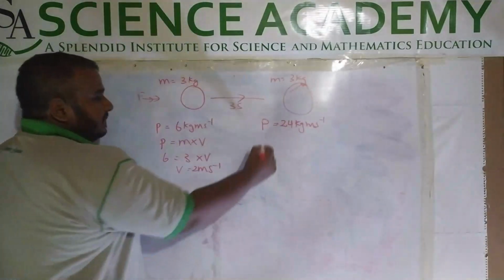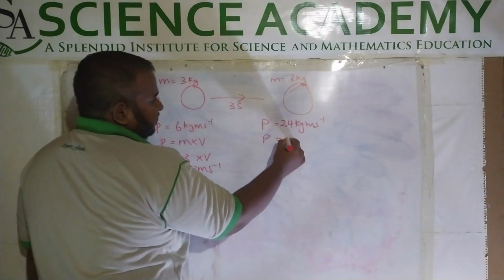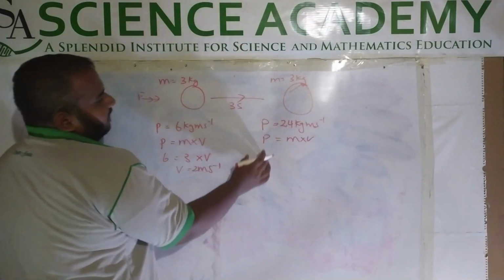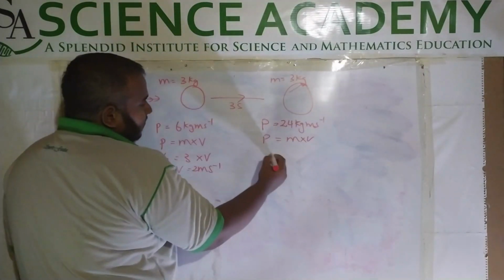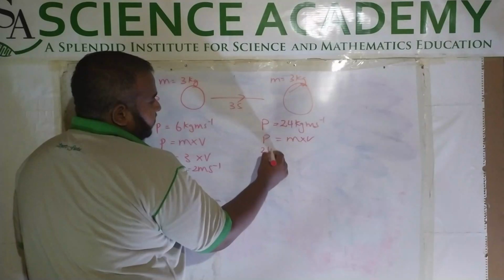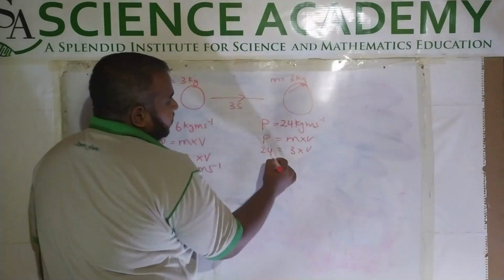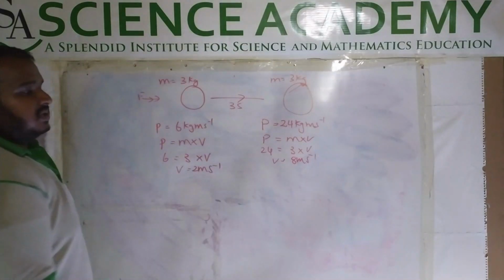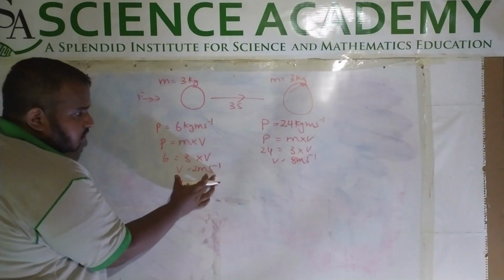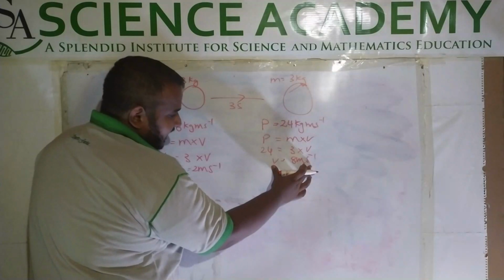So again, P is equal to mv. We know the values of P and M, so you can find V. The V will be 24 is equal to 3 into V. V is equal to 8 meter second minus 1. Now the initial velocity is 2, the final velocity is 8.